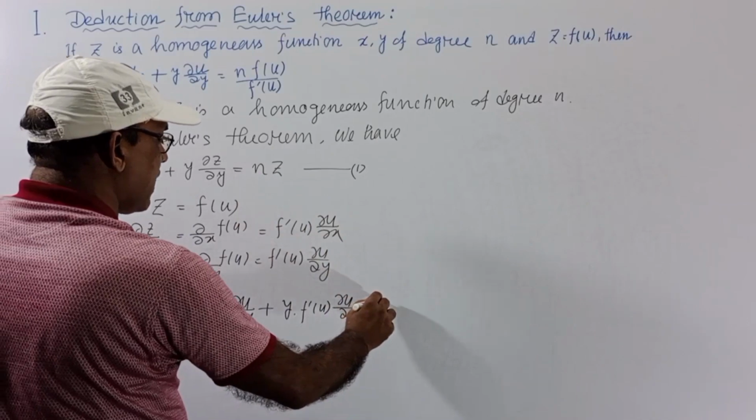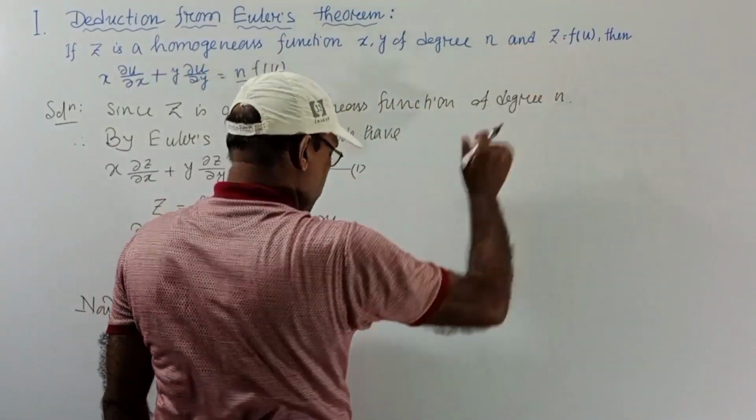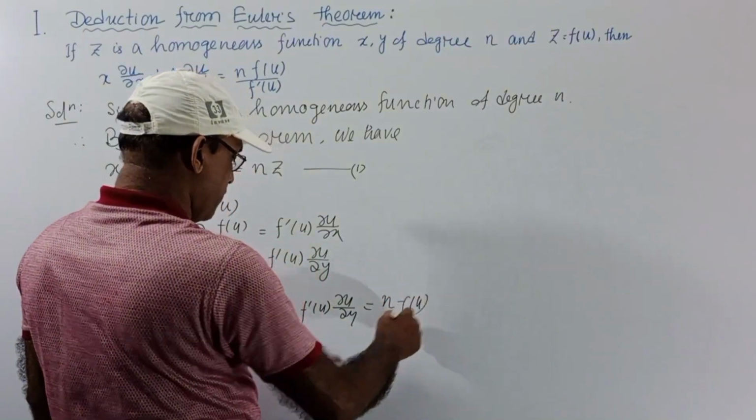On the right hand side, n z means n f of u.